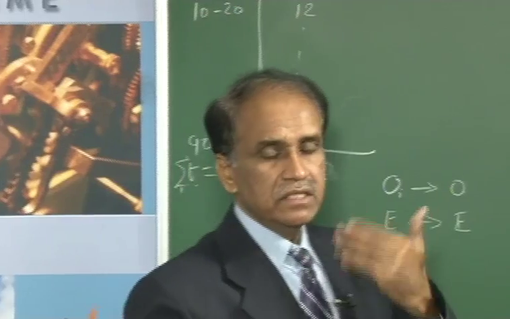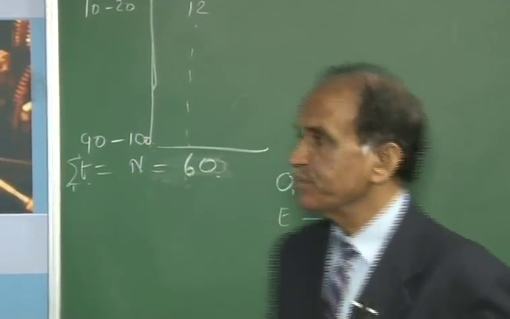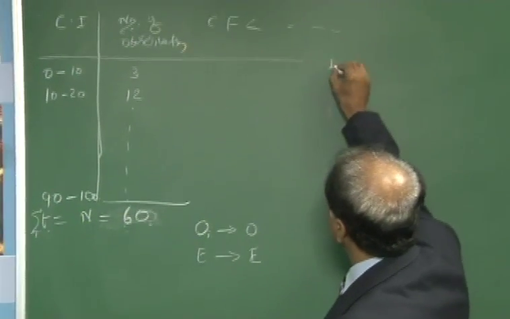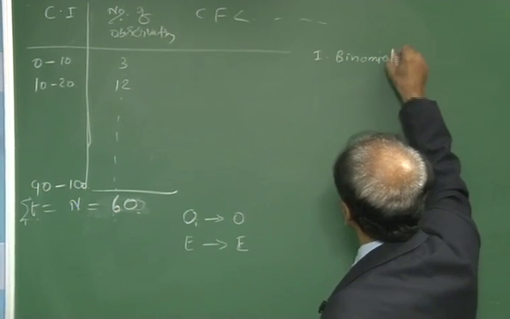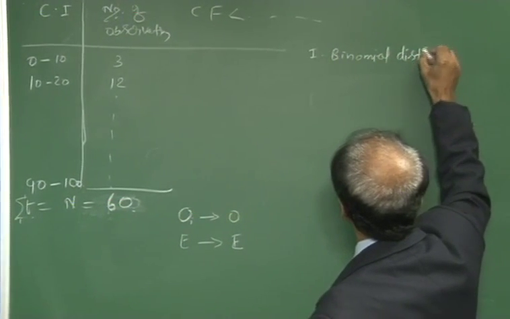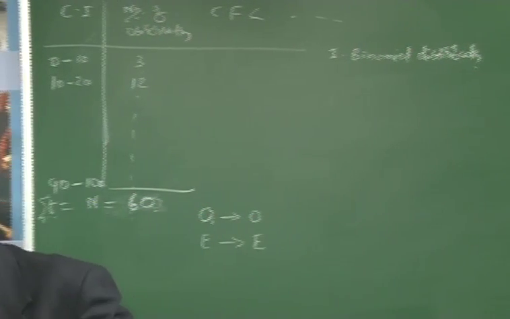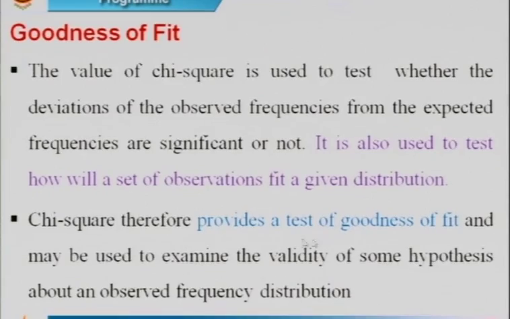There are three theoretical distributions you have. What are those three theoretical distributions? We call them probability distributions. First one is binomial distribution. This is the second advantage I have: the chi-square test provides a test of goodness of fit.